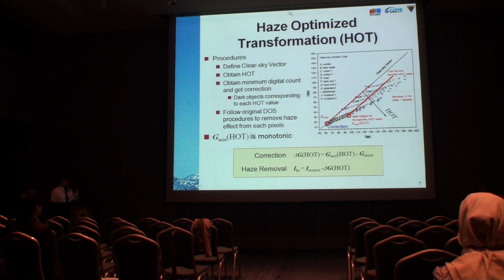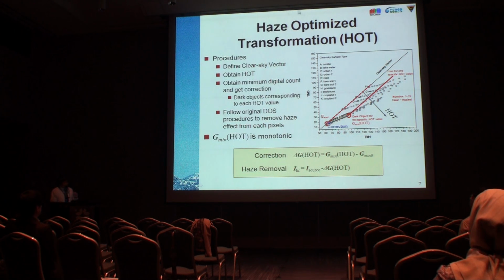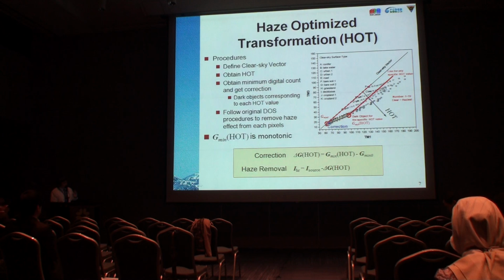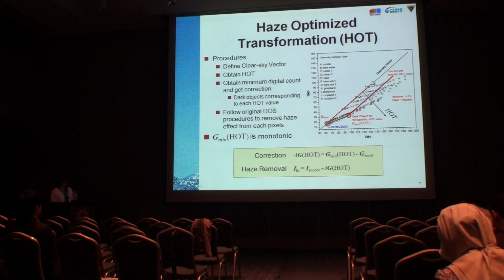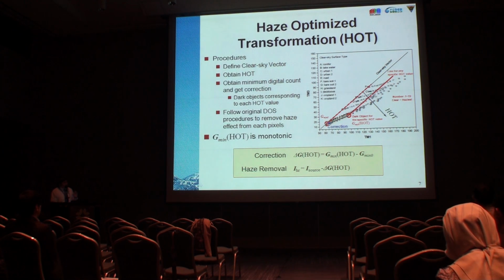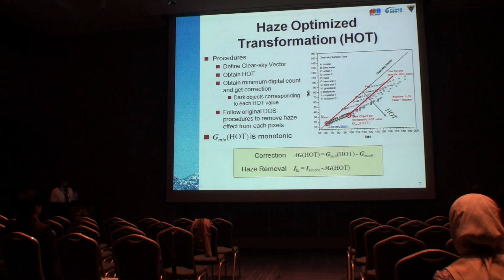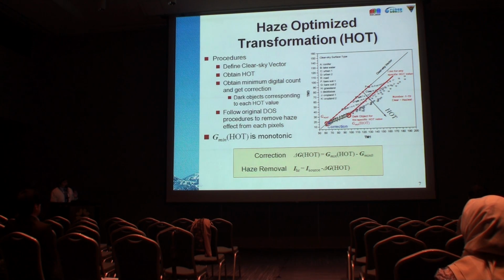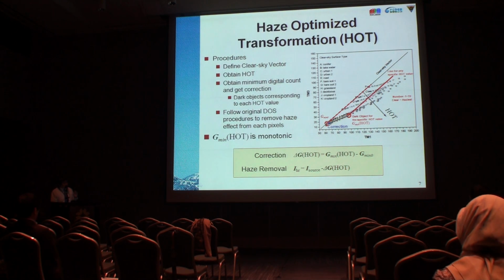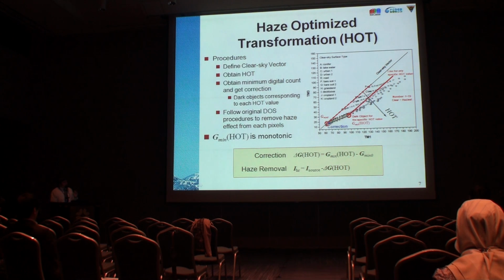So in here, for a certain amount of haze, we can have, for example, the HOT value on this line. Because in this case, the distance here is the same. For the image objects on this line, that means they suffer from the same haze condition.